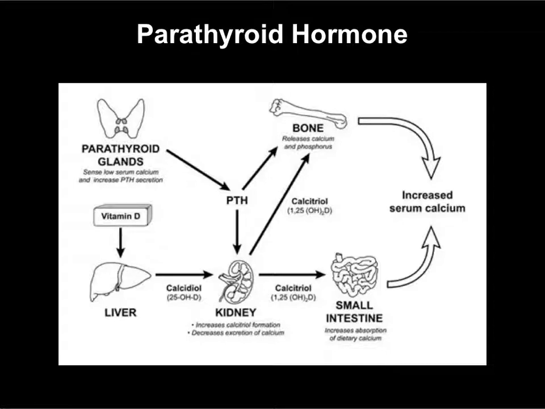So as parathyroid hormone goes and stimulates blasts, which I'm just going to call BL, to secrete RANKL, which stimulates osteoclast, CL, formation, and that promotes bone resorption.